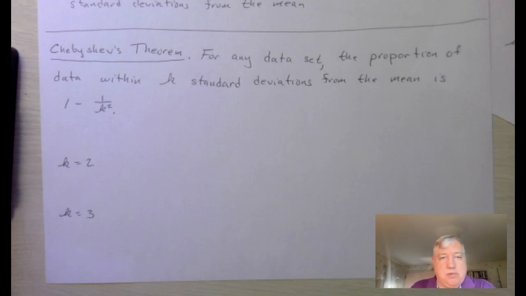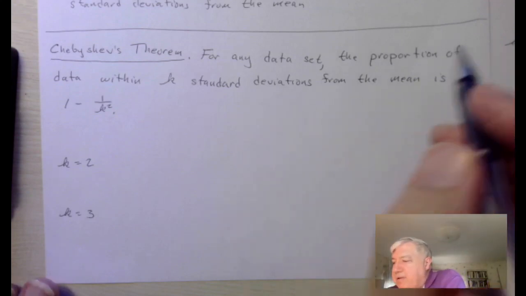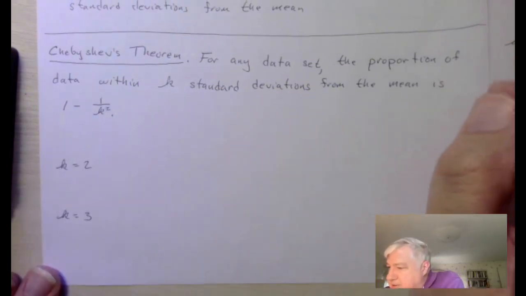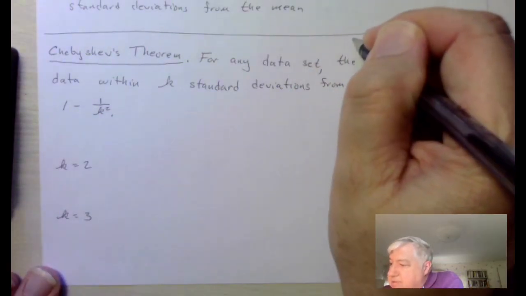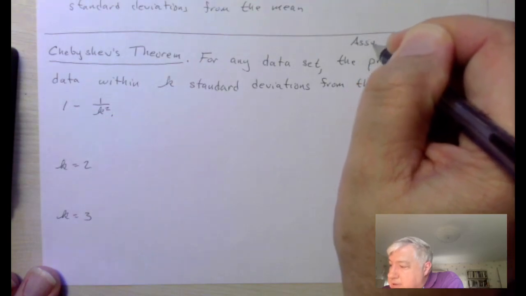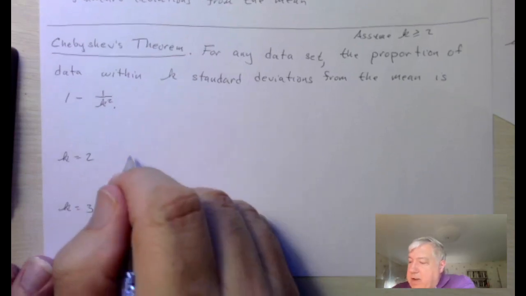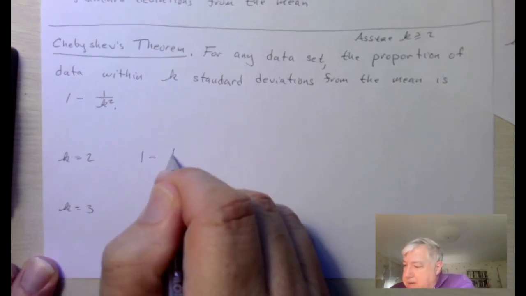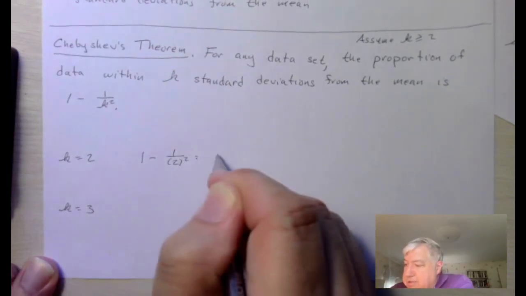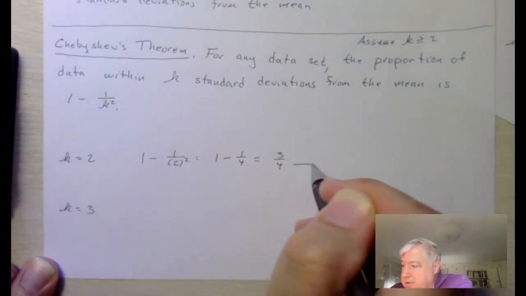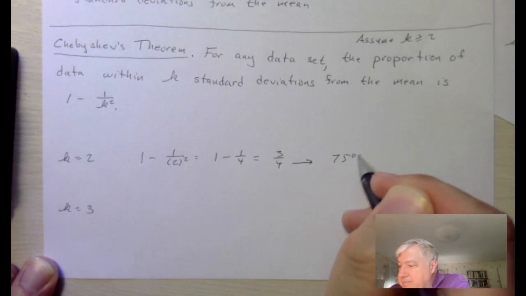I should say that k has to be greater than 1, because if k equals 1, then this is just 0. So let's assume k is greater than or equal to 2. If k equals 2, we have 1 minus 1 over 2 squared, which is 1 minus 1/4, which is 3/4, which gives us 75%.